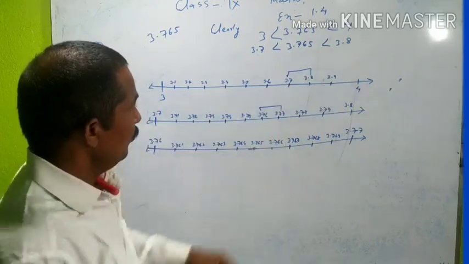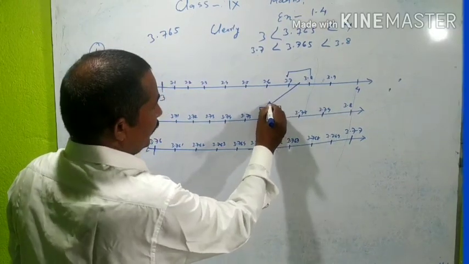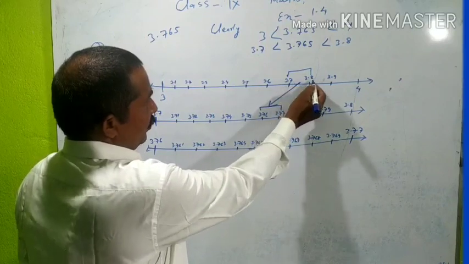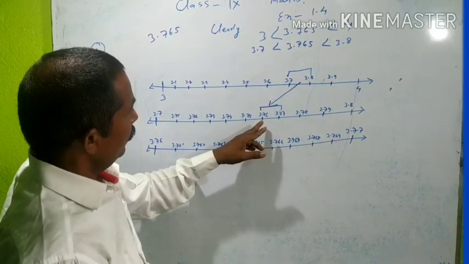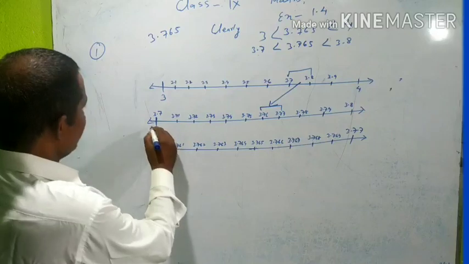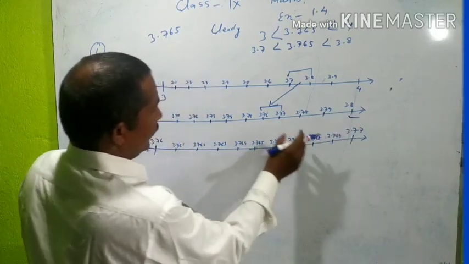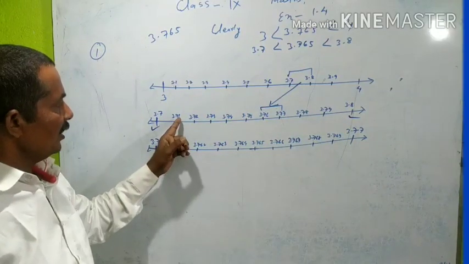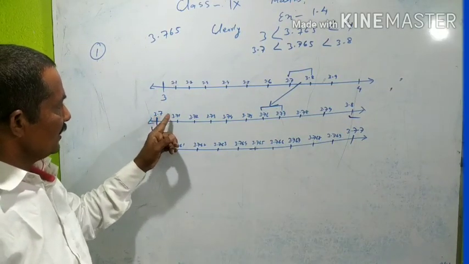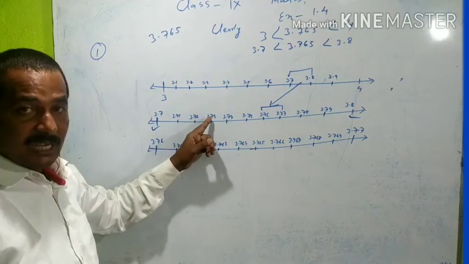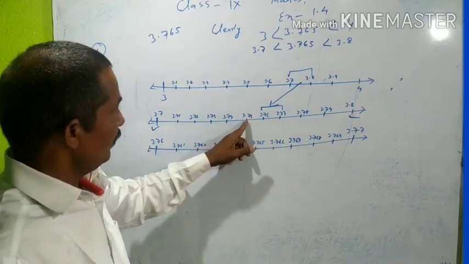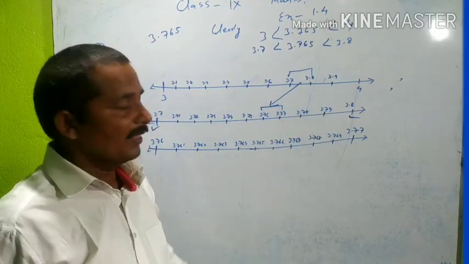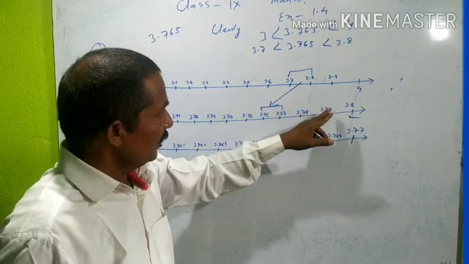So I have written here 3.7 and 3.8. Between 3.7 and 3.8, I have again started from 1: 3.71, 3.72, 3.73, 3.74, 3.75, 3.76 up to 3.79.